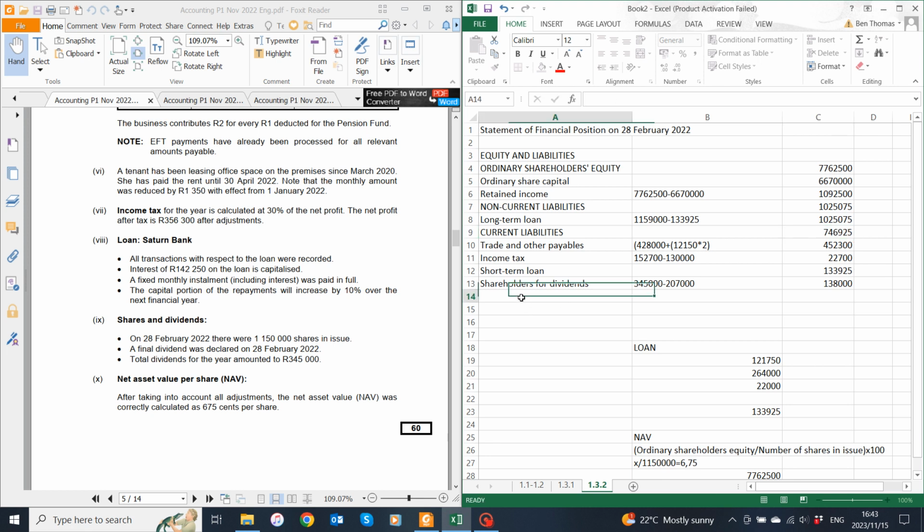And now remember, we'll actually put it over here. Let's write total equity and liabilities. And now it's essentially 1 plus 2 plus 3. So we're just going to put them in bold so that we know we're looking at these totals.